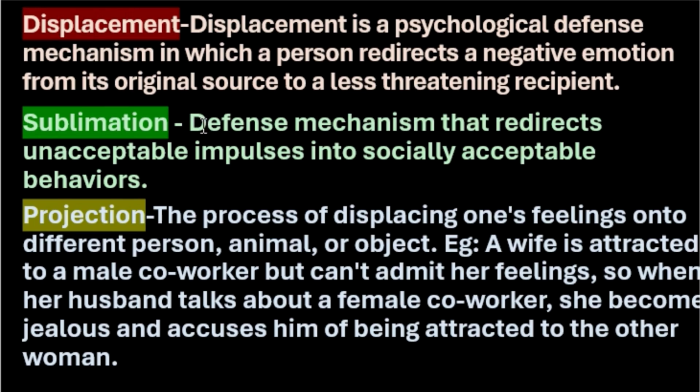But sublimation: unacceptable impulses to socially acceptable behavior. And projection is the process of displacing one's feeling onto a different person, animal, or object. Example: a wife is attracted to a male co-worker but can't admit her feeling. So when her husband talks about a female co-worker, she becomes jealous and accuses him of being attracted to other women.